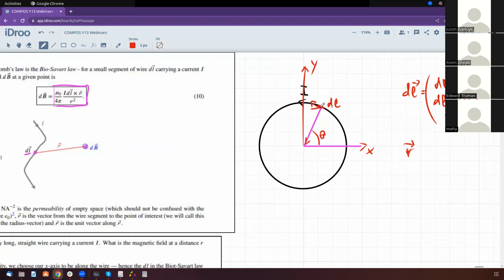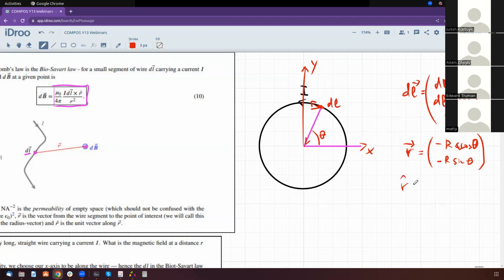The radius drawn from this particular point to this point is going to be minus the radius of the loop times cos theta, and minus r sine theta, because it is going downwards, and we need a unit vector.